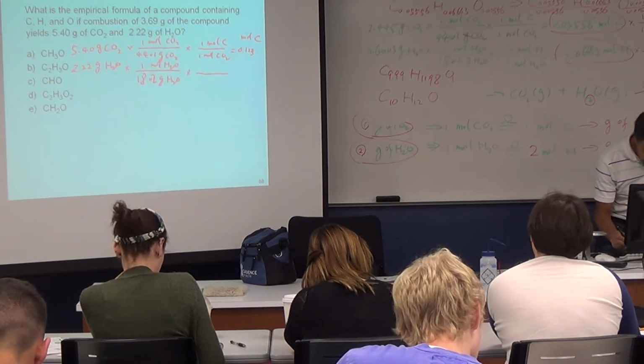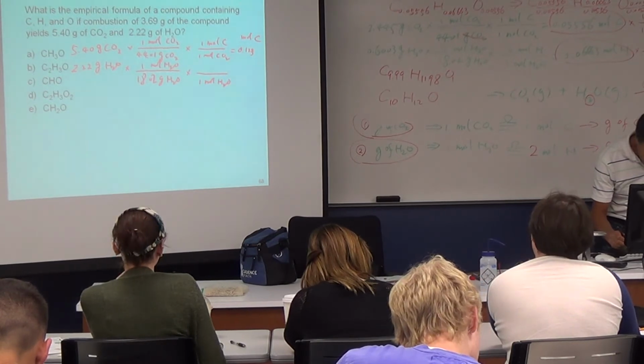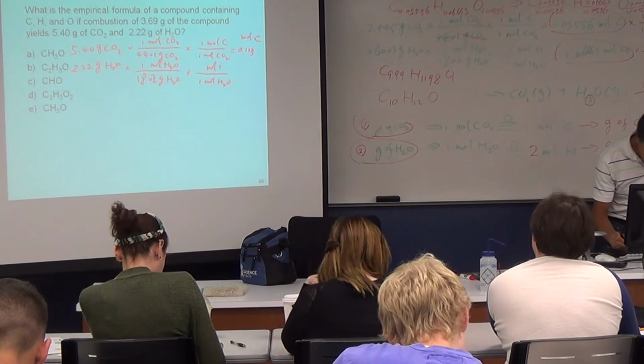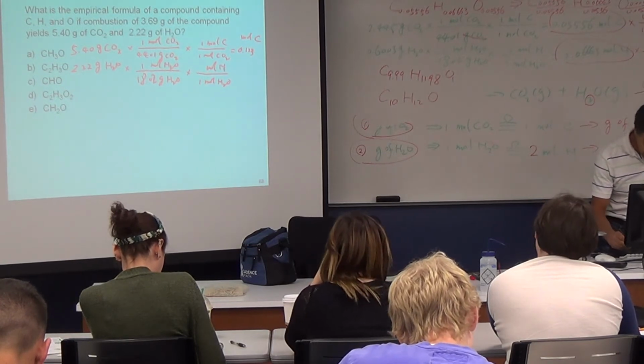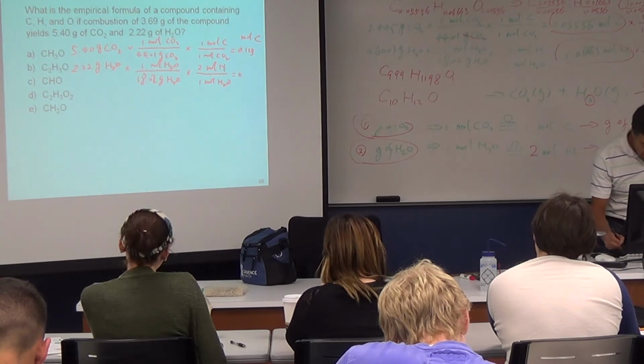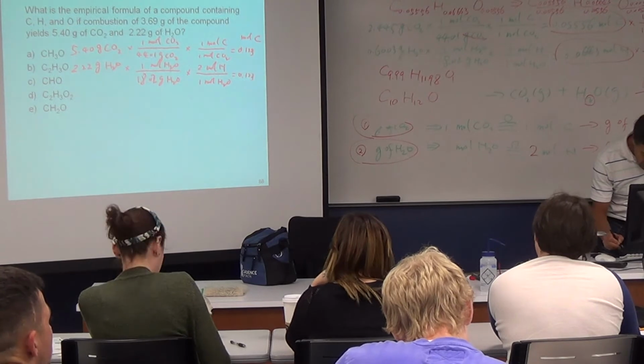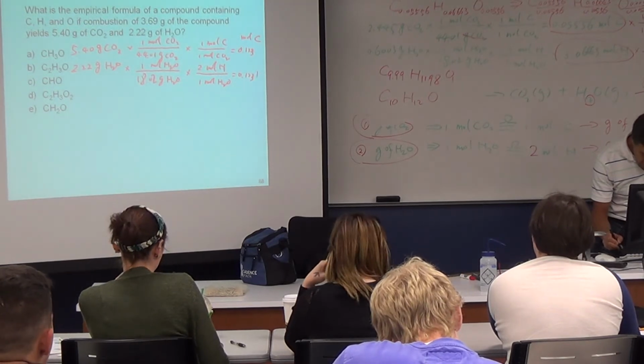But don't forget this ratio. For every 1 mole of H2O, how many moles of H do we have? Very good. So what is our answer for this? 3. Okay, so this is H.